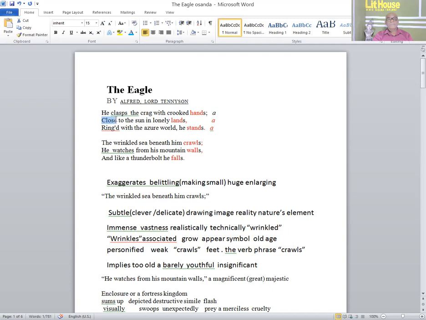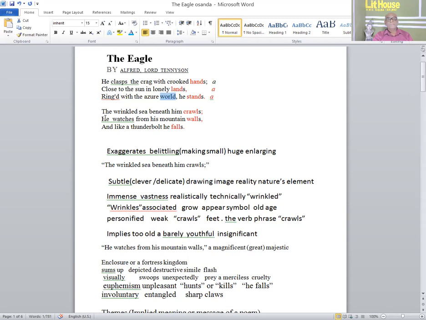Close. What is the other rhyming word? Lands. Ringed. What is the rhyming word? Stand. Stands back as ring. World. Right.